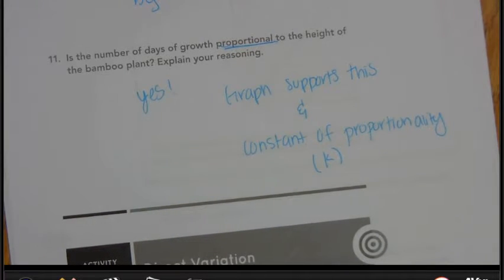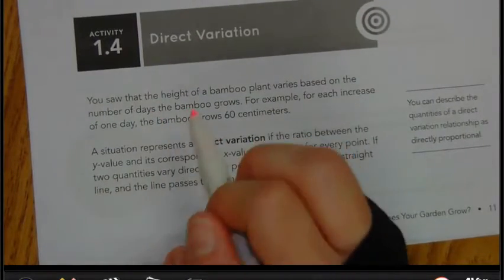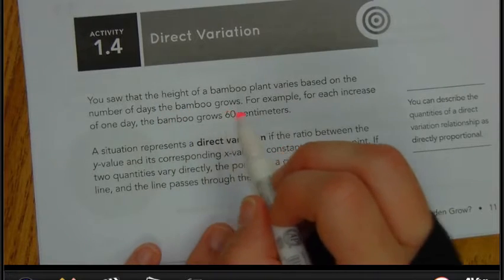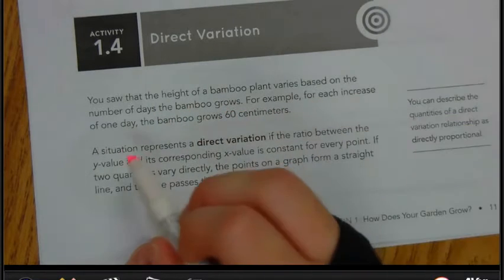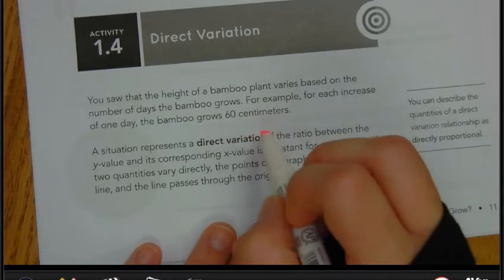All right. We have a new term to learn, and that's called direct variation. Okay. So you saw that the height of the bamboo plant varies based on the number of days the bamboo grows. For example, for each increase of 1 day, the bamboo grows 60 centimeters.